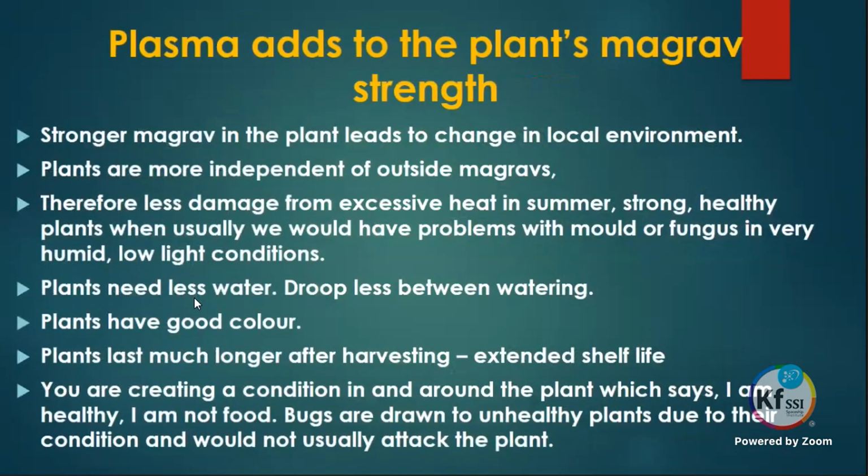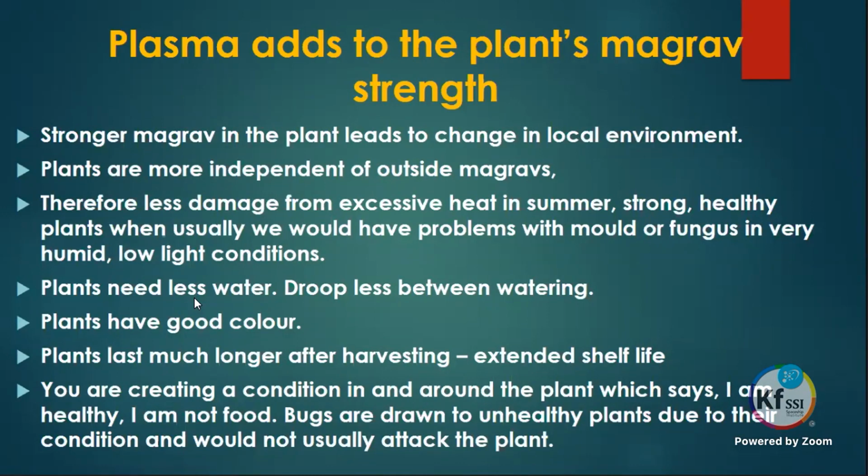Adding the plasma gives a stronger magnetic field in the plant, which leads to the change in that environment that we see. Your plants become more independent of outside magnetic and gravitational fields.